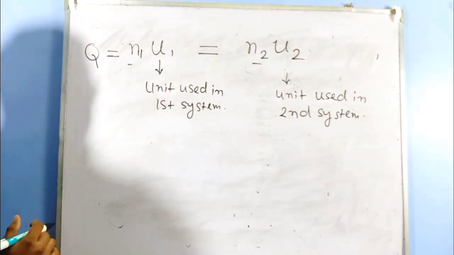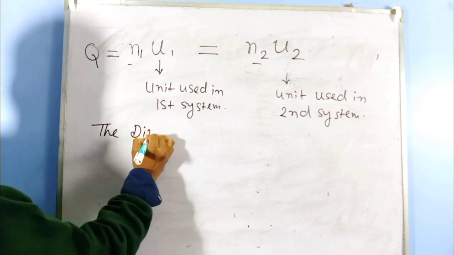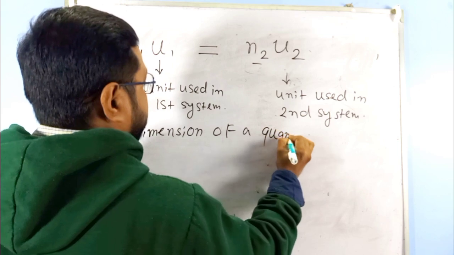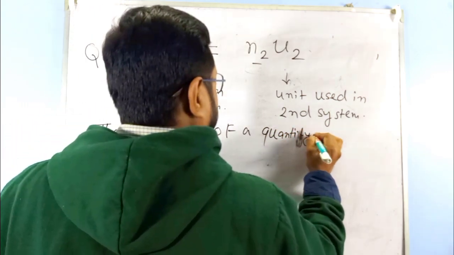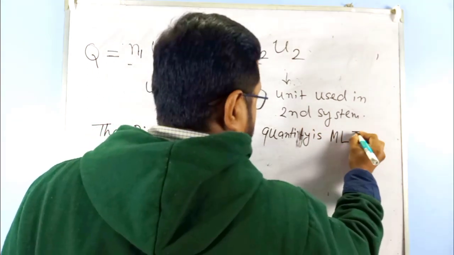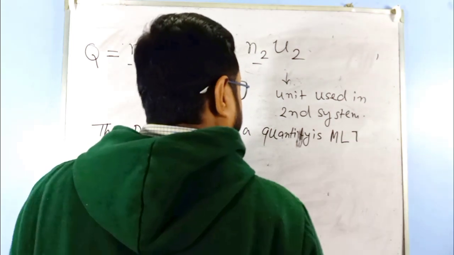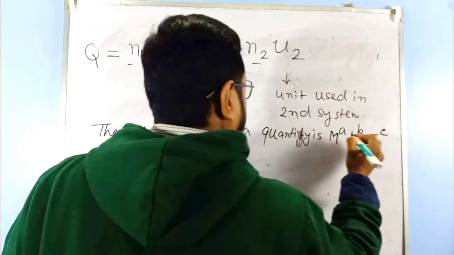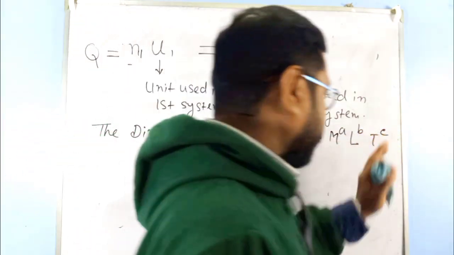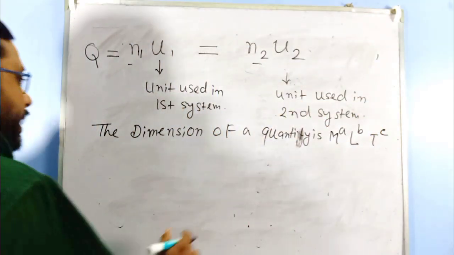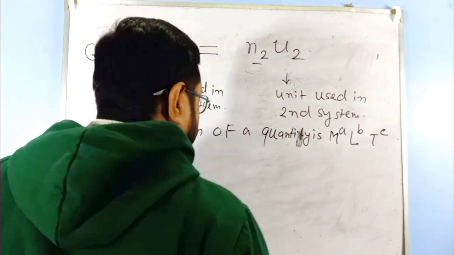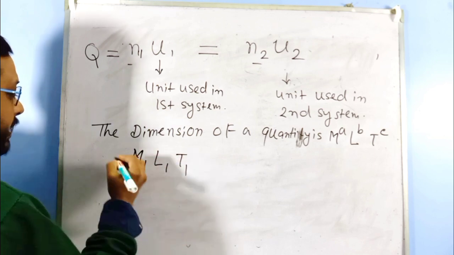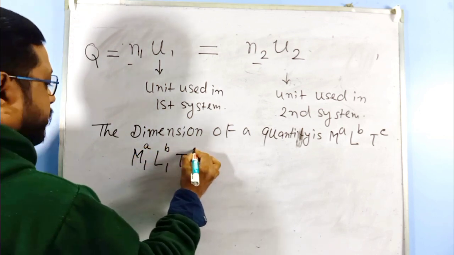Suppose the dimension of a certain physical quantity is M to the power a, L to the power b and T to the power c, where a, b, c take values like 1, 2, 3, etc. The unit of that quantity in the first system is M1 to the power a, L1 to the power b and T1 to the power c.